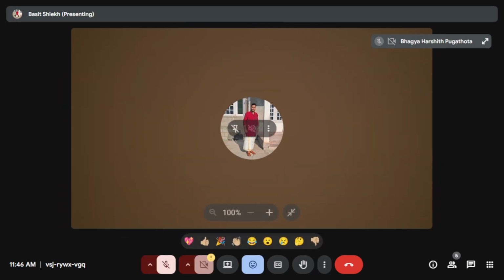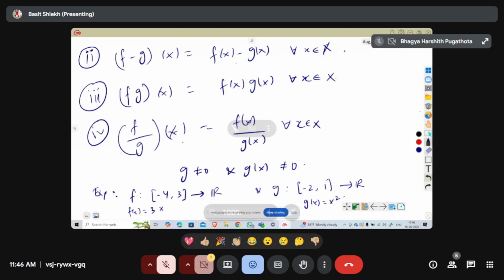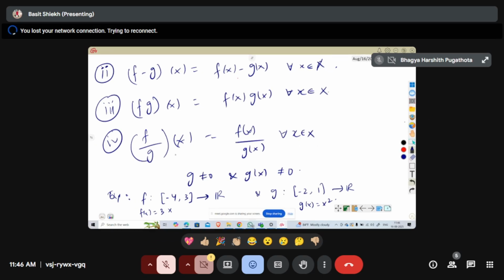What will be f into g of x, and what will be f by g of x, and are all defined?